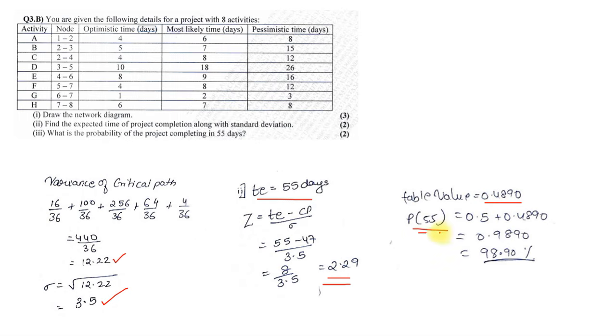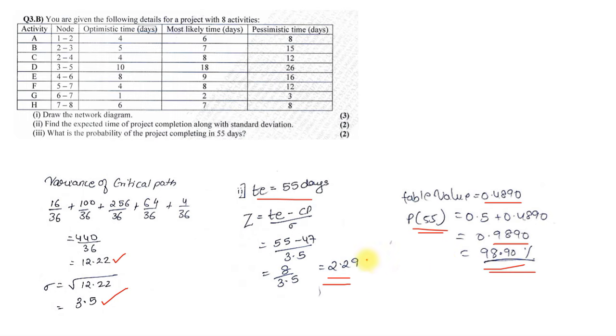So to find the probability that the work should get over in 55 days, it will be 0.5 by default plus 0.4890 that we just found. We add up, we get 0.989. When we multiply with 100, we get 98.90%. So the probability of getting the job done in 55 days is 98.9%.